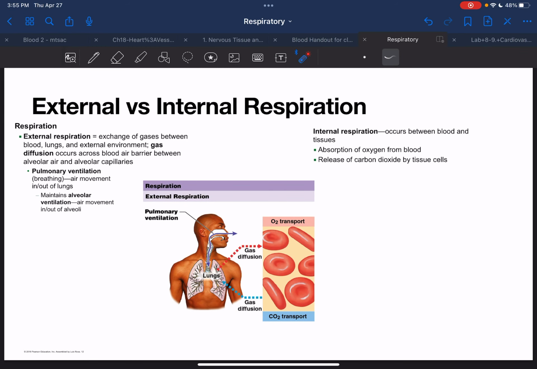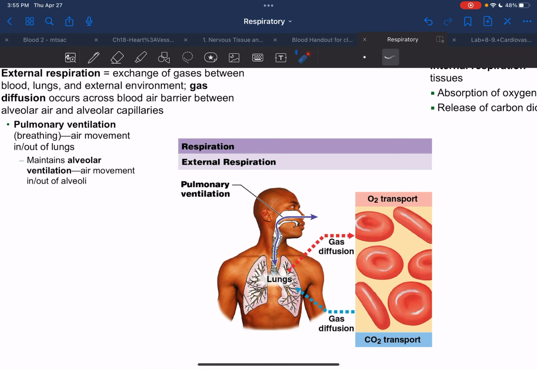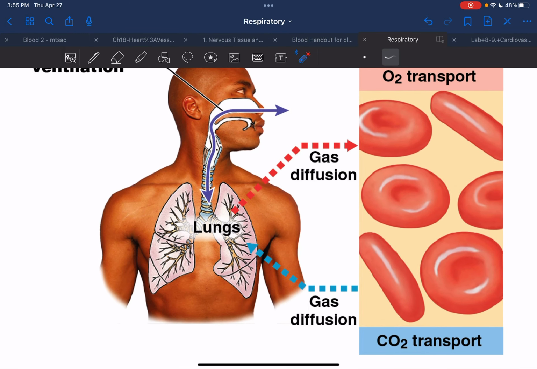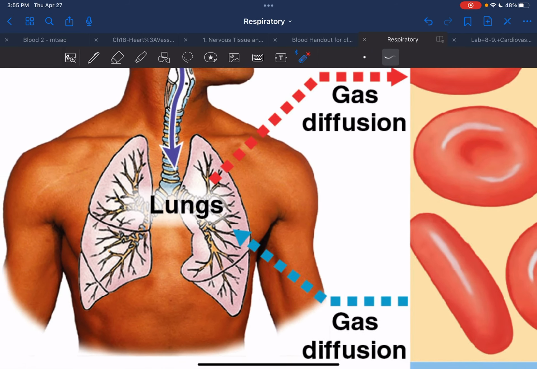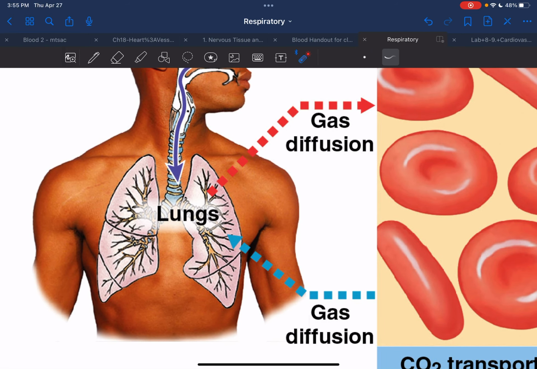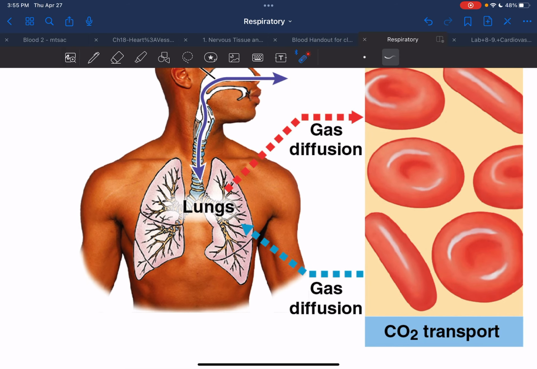The last thing to add is that when you're looking at gases in general, you should always think about their directionality. Oxygen goes into the alveoli, and CO2 diffuses outwards into the alveolar space.